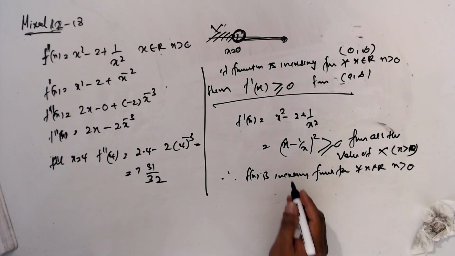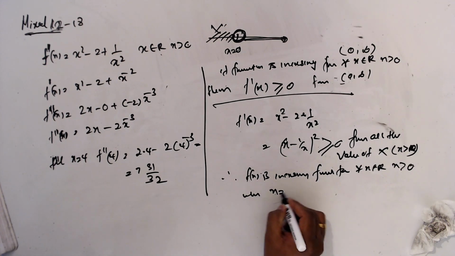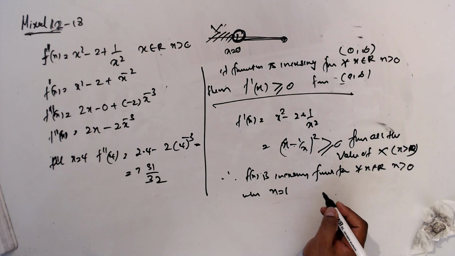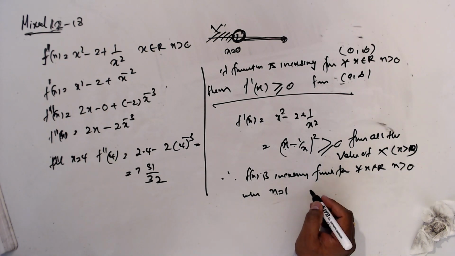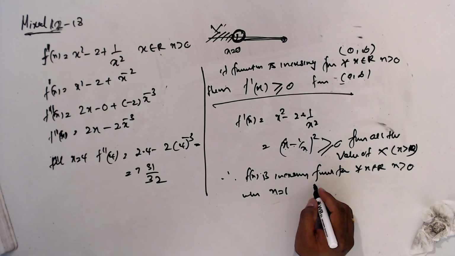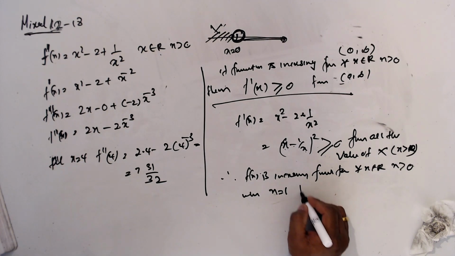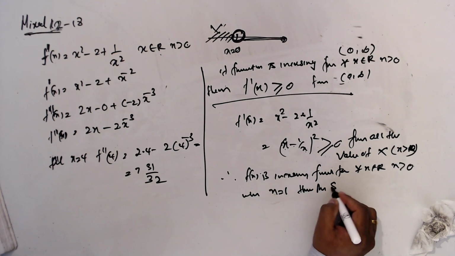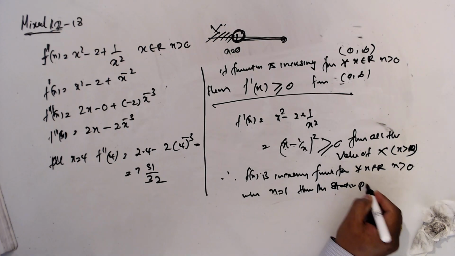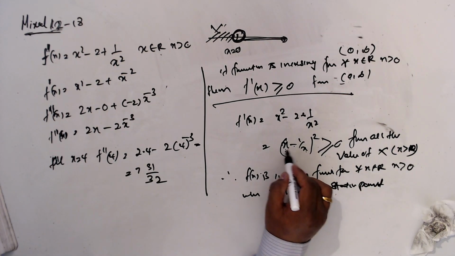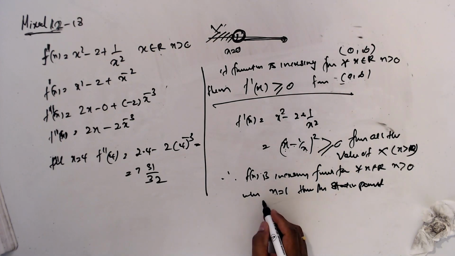And here, when x equals 1, 1 minus 1 over 1 equals 0. It means when x equals 1, that is the stationary point, because when you put 1 you can see this value becomes 0.